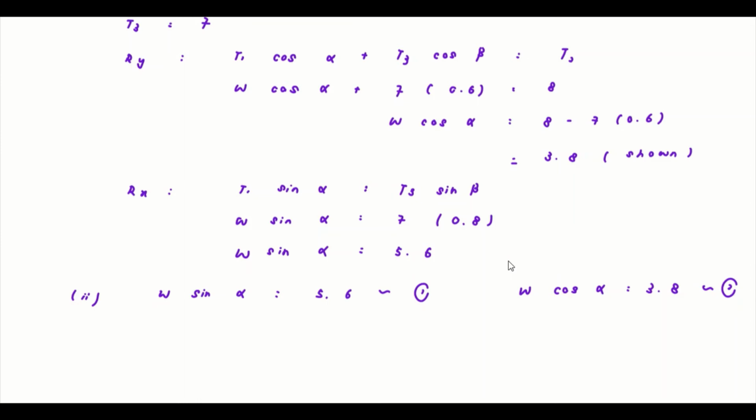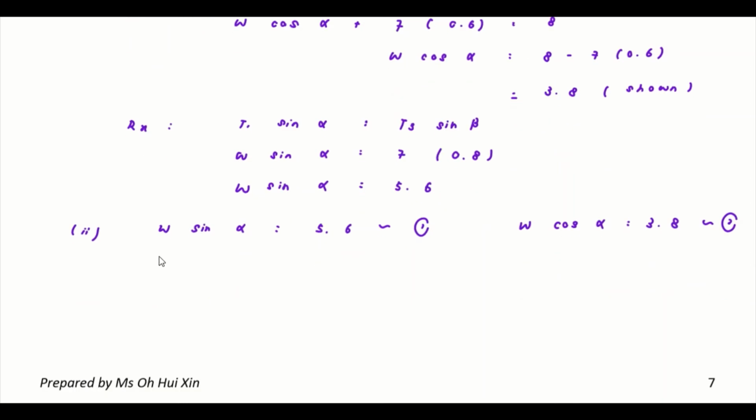Alright, let's try to solve it. I think we can do tangent first, so equation 1 divided by equation 2. We get tan alpha equal to 5.6 over 3.8. From here, you can solve that alpha is equal to 55.8, in one decimal place for all the angles.